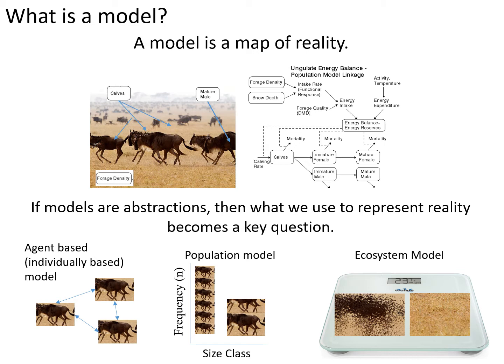In this case, we might only be interested in the biomass of wildebeest and grass, and model the rate of, say, uptake of the grass resources as a function of the total mass of the wildebeest. So three different ways of looking at the same system. And so really it's a question of how we want to conceive of our system that makes any one of them right or wrong.